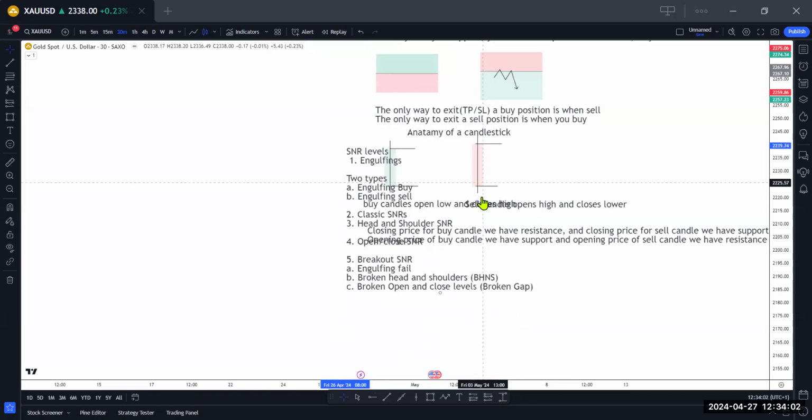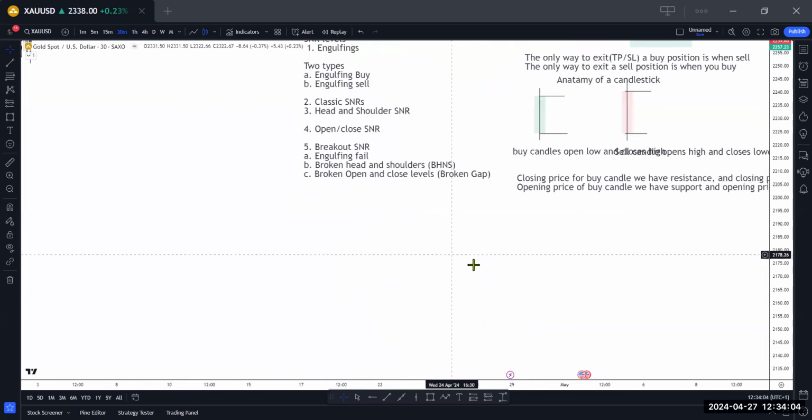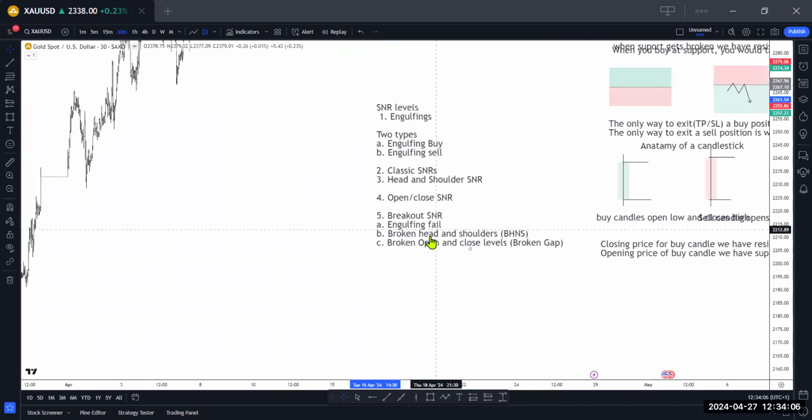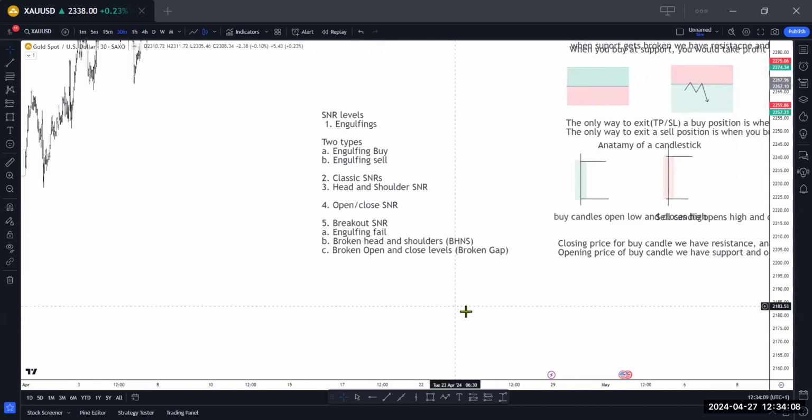Okay, so let's talk about engulfing first.